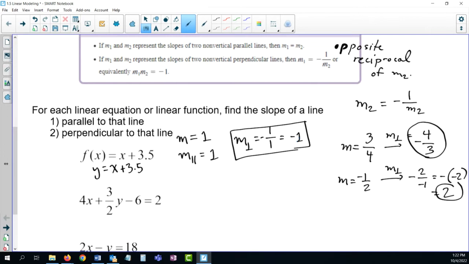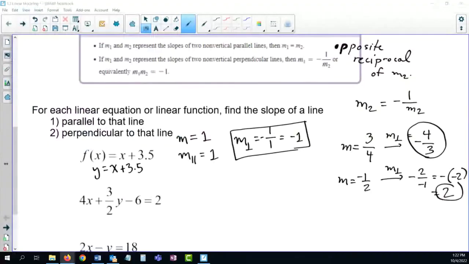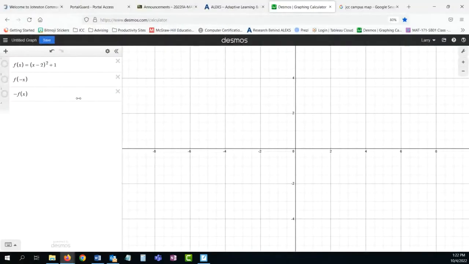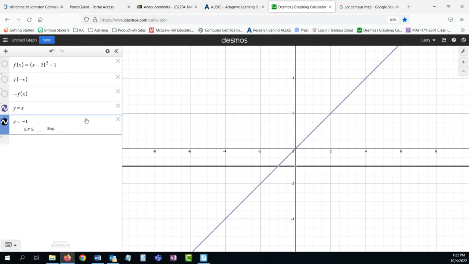Okay, what does that mean? Let me show you an example here. Let me just write real quick, y is equal to x, y is equal to negative x.